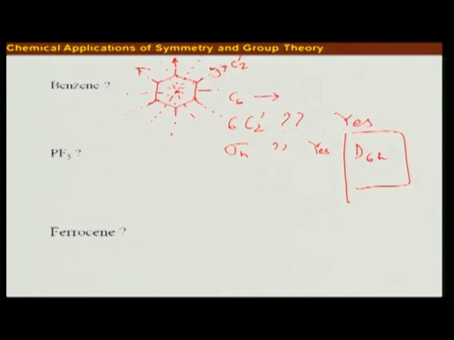So now let's move on to some other molecules again. PF5, that must be by now very easy for you, right? PF5, what will be the structure? The first structure we can think of is a trigonal bipyramid. Okay, so let me erase the rest of the part. So PF5 will have a structure something like this.